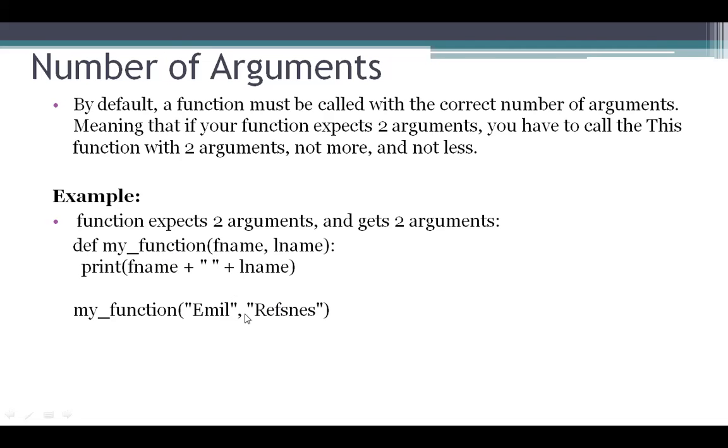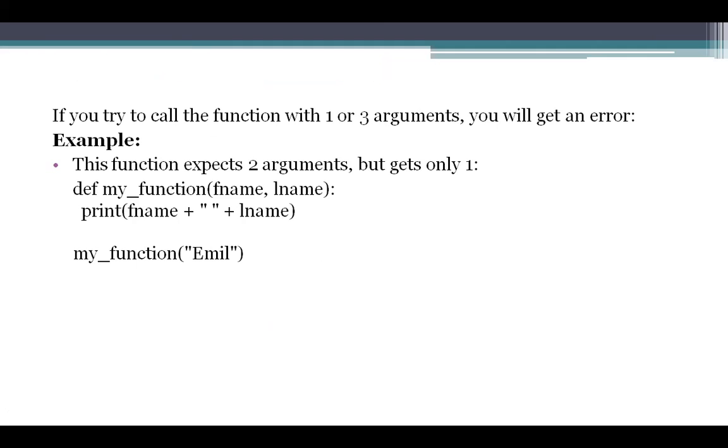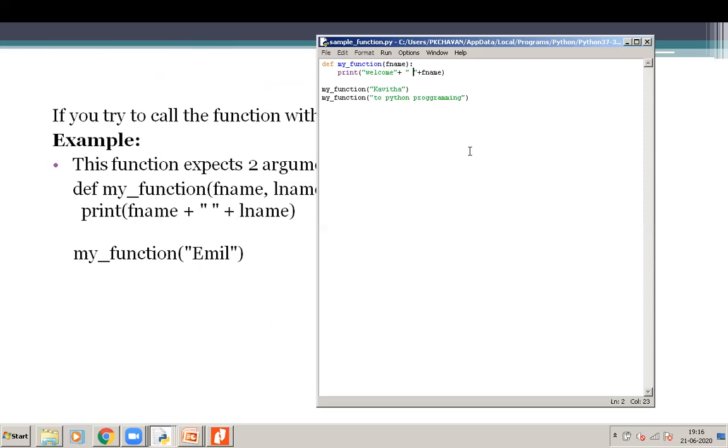So we have to provide two values when we are calling that particular function. If we don't, definitely it will throw an error. We can see one more example here. The two arguments have been provided for my function, but while calling, only one value has been provided. So let's see what happens if we do so.